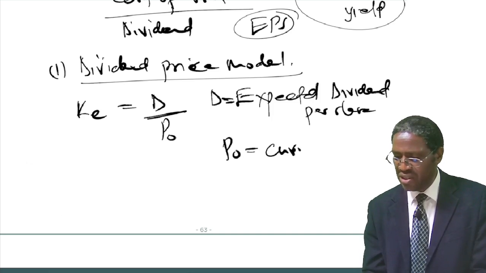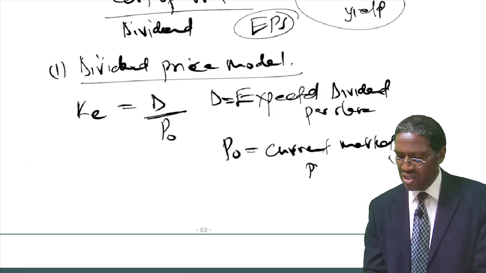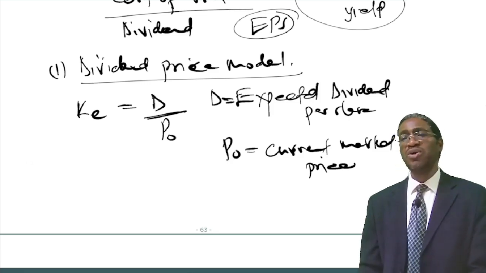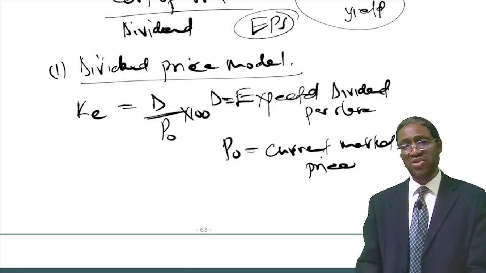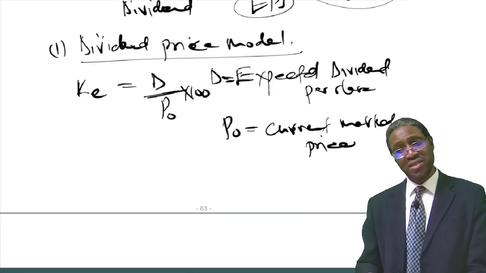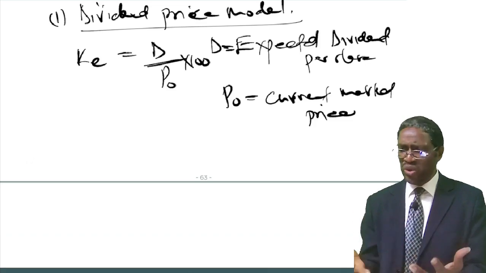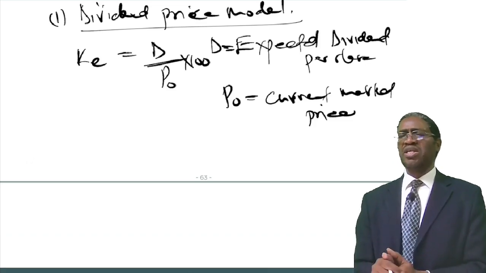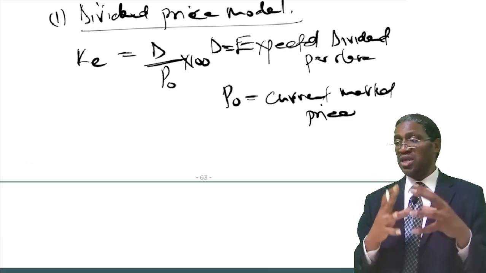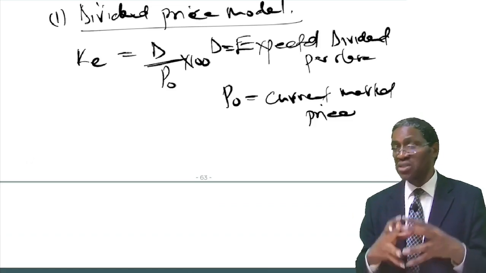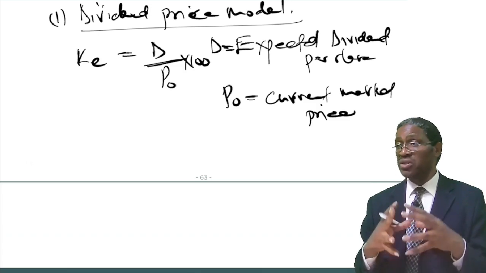Then, of course, you multiply this by 100. That's one way of computing the cost of ordinary shares using the dividend price model.